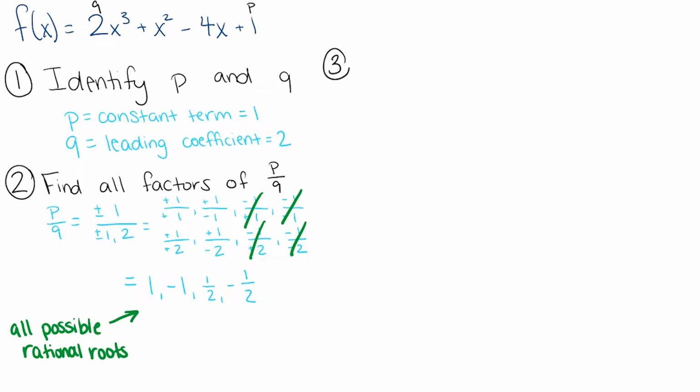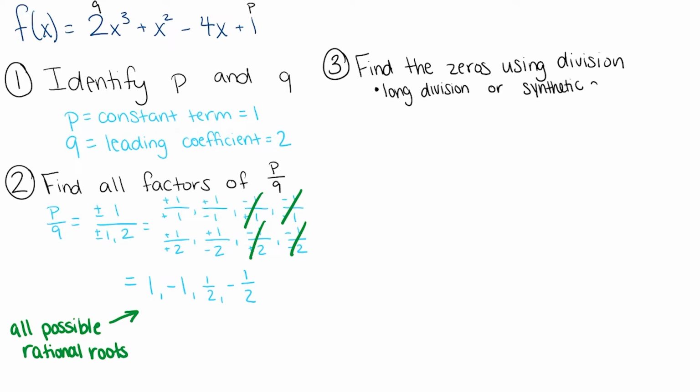We're going to use these terms to factor, which takes me into step 3, which is finding these zeros using division. There are two ways we can do this when I say division. You can either do long division or synthetic division. I prefer synthetic division, so that's the way I'm going to show in this video.